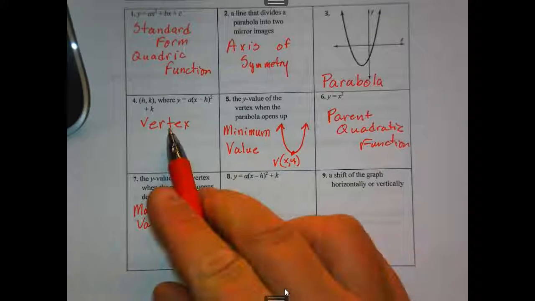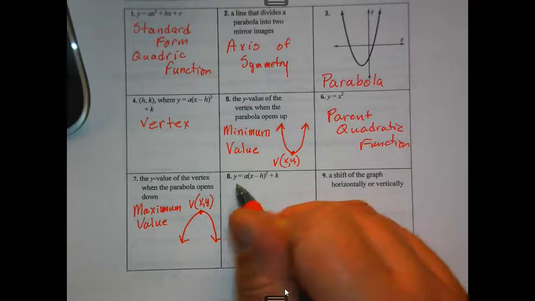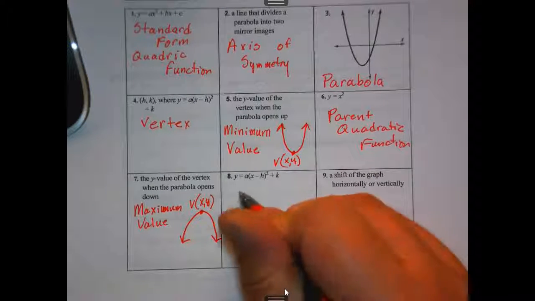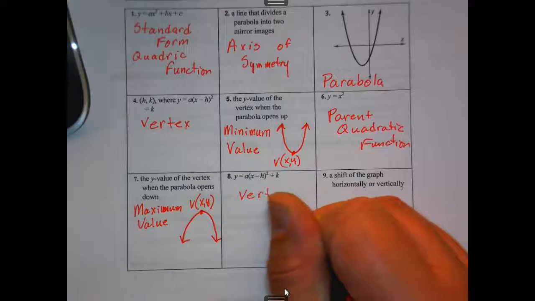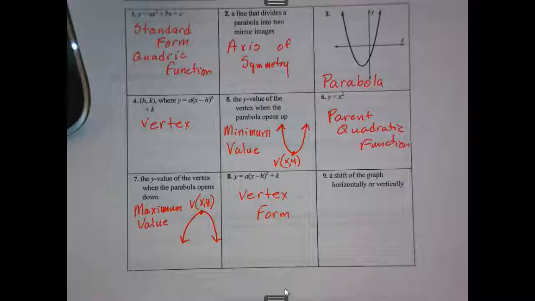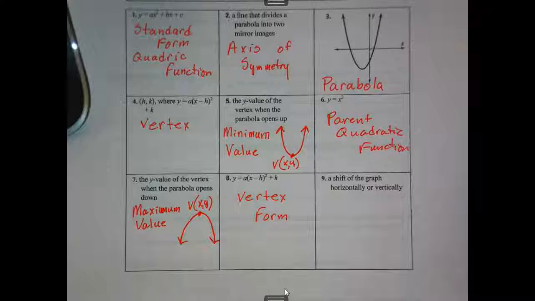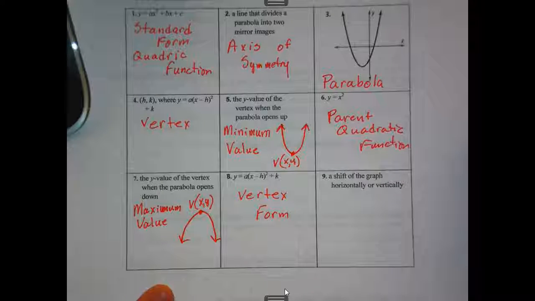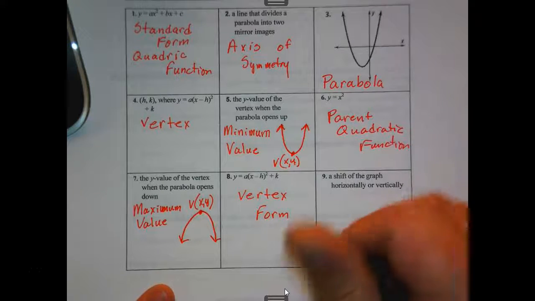Well, if that's the vertex, what's y equals a times the quantity x minus h squared plus k? That's right, vertex form. And the last one, what is a shift of the graph, horizontally or vertically? Translation.